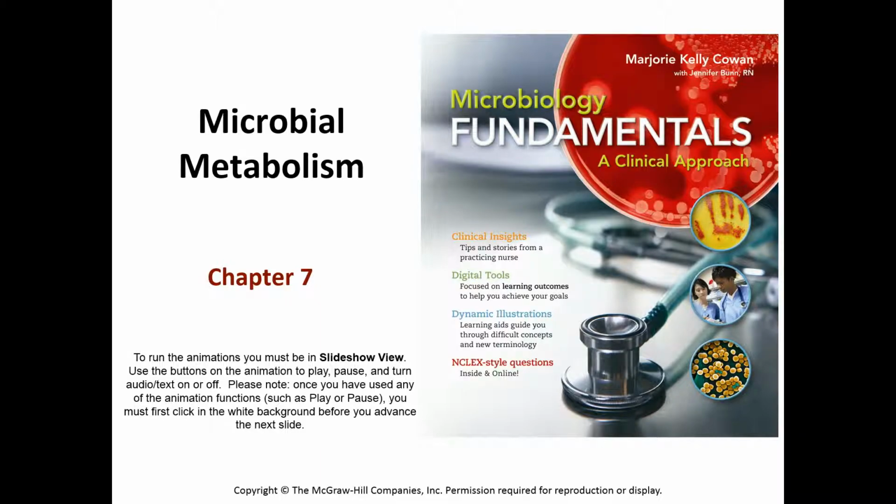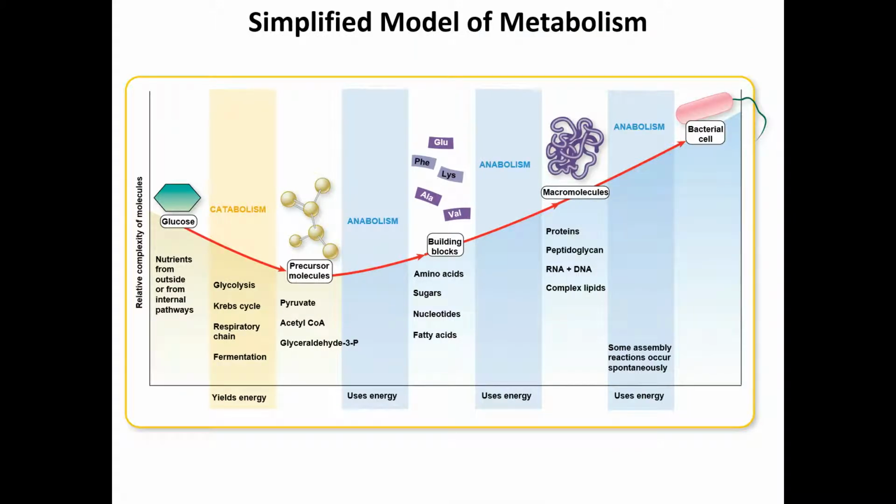To begin with, let's talk about a simplified model of metabolism. Whenever you're talking about metabolic pathways, you're talking about two sides of the same coin. You're talking about the nutrients that organisms are bringing in.